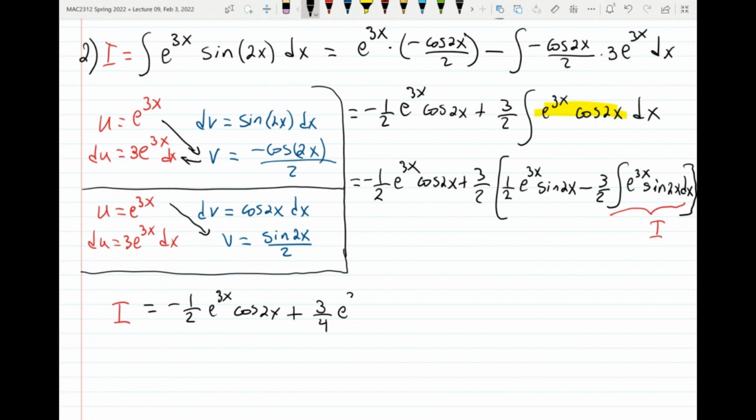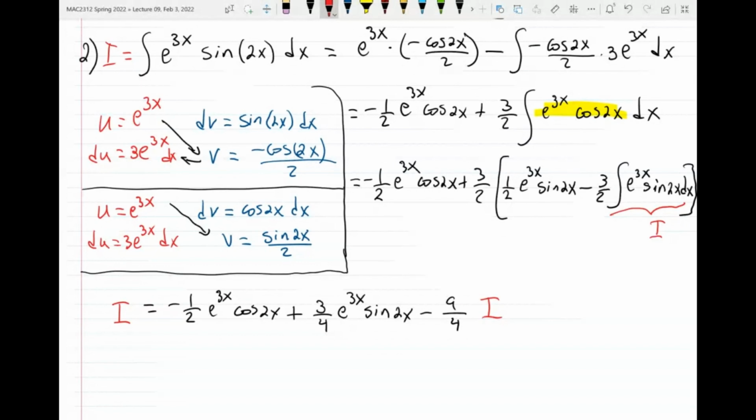Plus 3/4 e to the 3x times sine of 2x minus 9 over 4 I. Do you understand this? All I did was rewrite the problem, but instead of the integral, I put I. Are we okay? Yes or no?